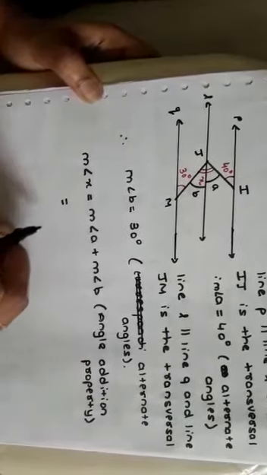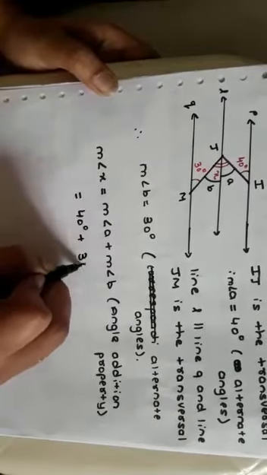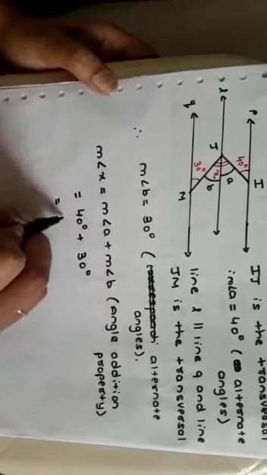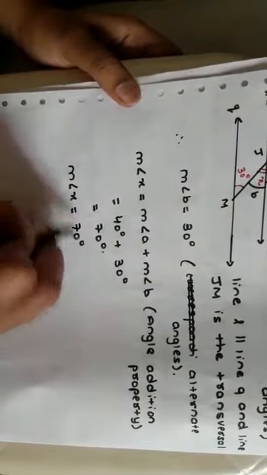Substitute the value of A and B. A is 40 degree, B is 30 degree. So 40 degree plus 30 degree is 70 degree. So measure angle X is equal to 70 degree.